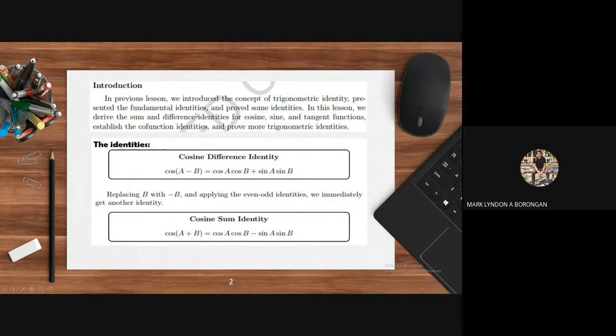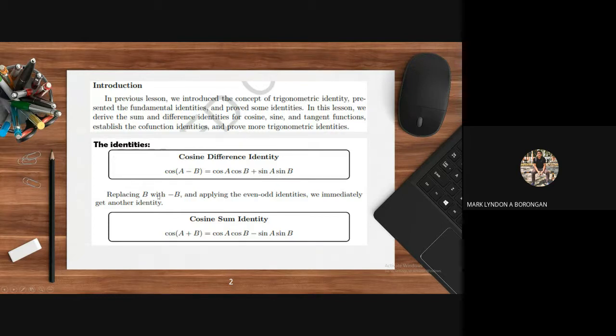Sa cosine nga identities, you have cosine of A minus B is equal to cosine of A times cosine of B plus the sine of A times the sine of B.